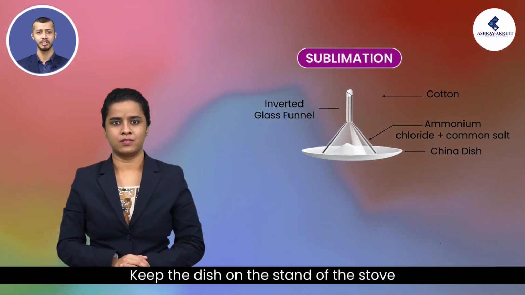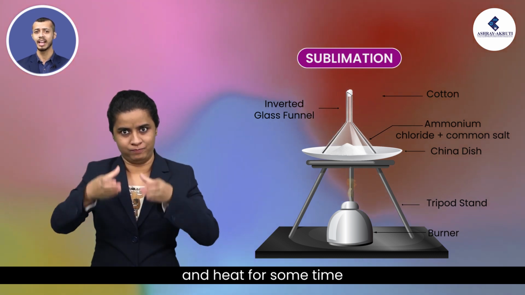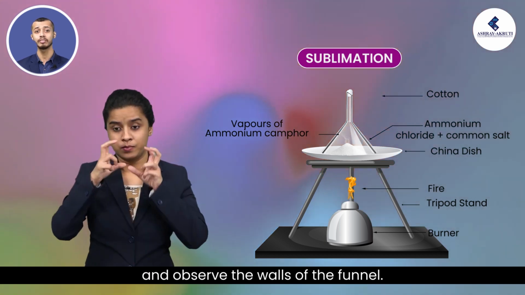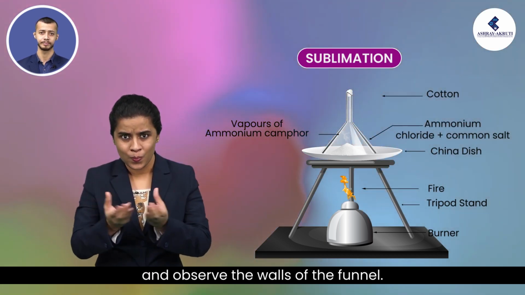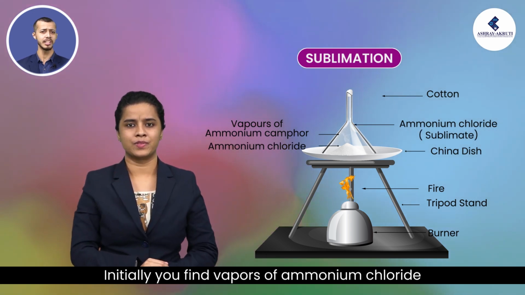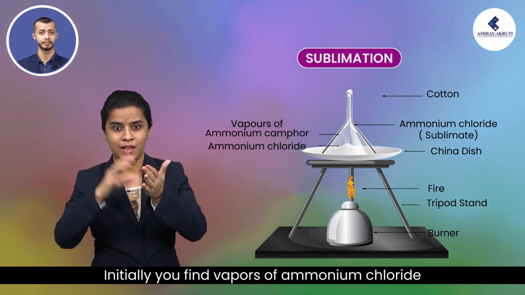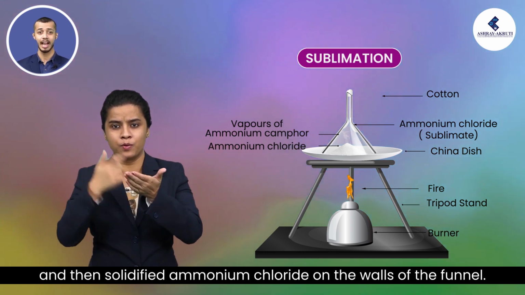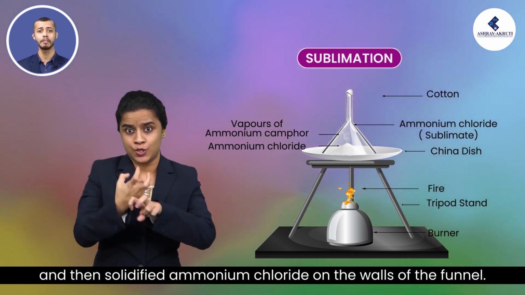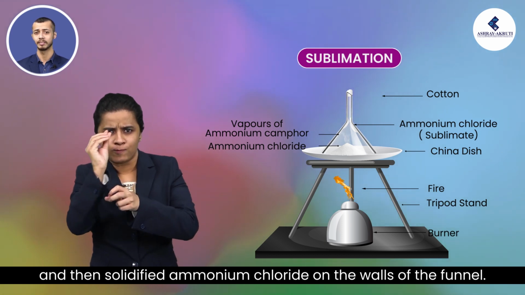Keep the dish on the stand of the stove and heat for some time and observe the walls of the funnel. Initially, you find vapors of ammonium chloride and then solidified ammonium chloride on the walls of the funnel.